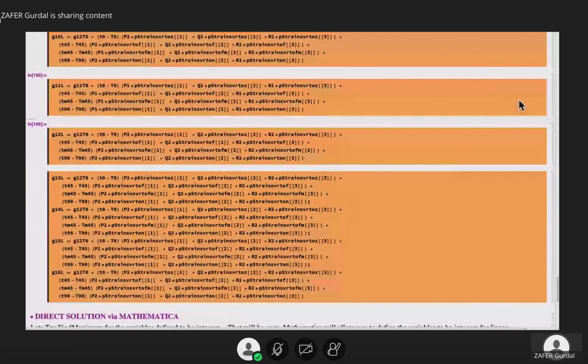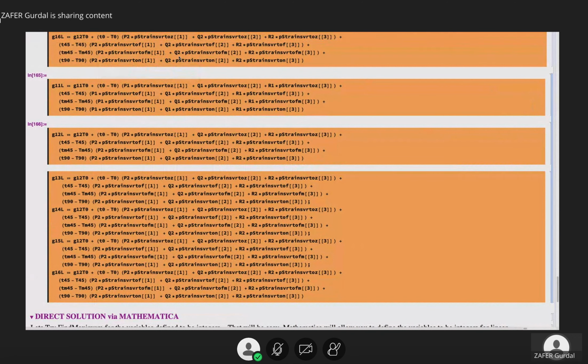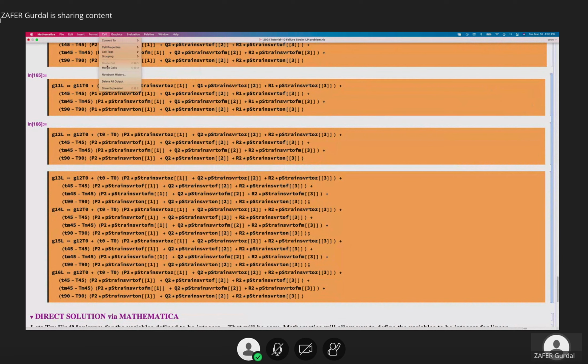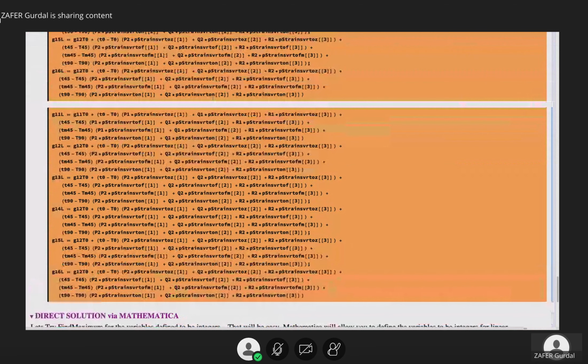And merge these cells together. That wasn't the way. This was the way.